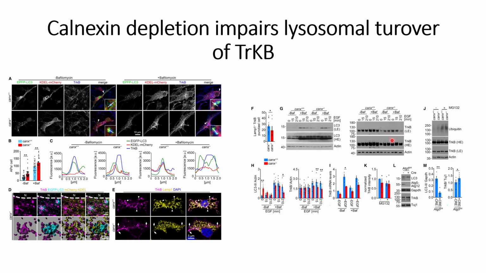However, after a certain time, like after 4 hours, they can see a decrease in the TrkB levels. So this indicates that autophagy is a function of EGF, as EGF might stimulate more autophagosomes, but weak EGF might stimulate more impairment of the lysosomes in the Calnexin depleted cells.